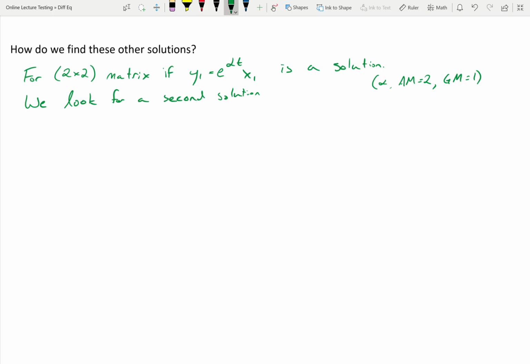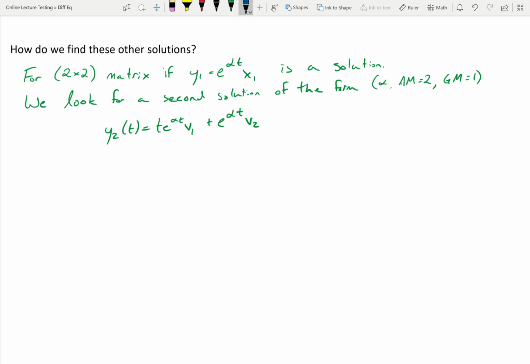Well, we're going to look for a second solution of the form y2 of t is equal to te to the alpha t v1 plus e to the alpha t v2. We've seen that before with repeated values. So that's the nice thing, this is something that's not entirely new.